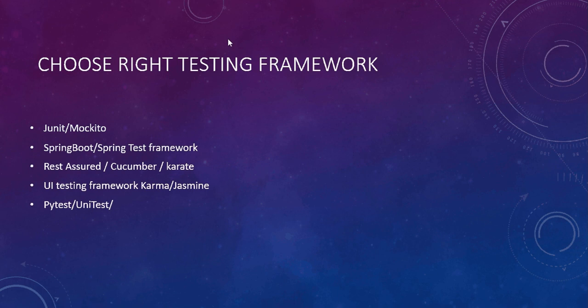JUnit and Mockito, these are the common testing frameworks for Java-based applications, where you can write the test cases to cover all the scenarios. But for example, if you want to write a real-time scenario, where you have to get the database connection and also validate the business logic, then most of the time you may not get the database connections in order to write some test cases.